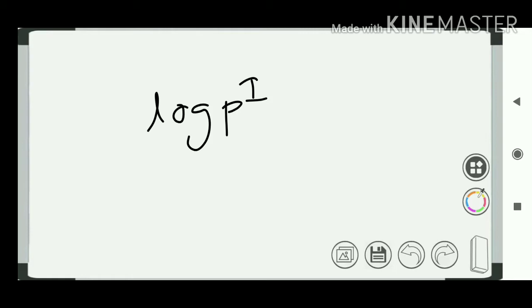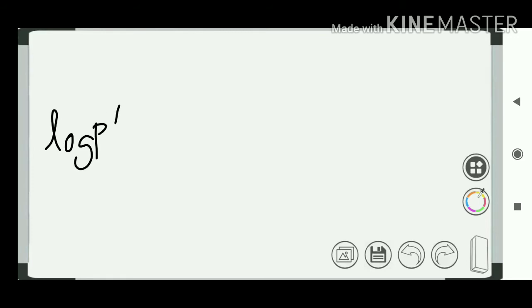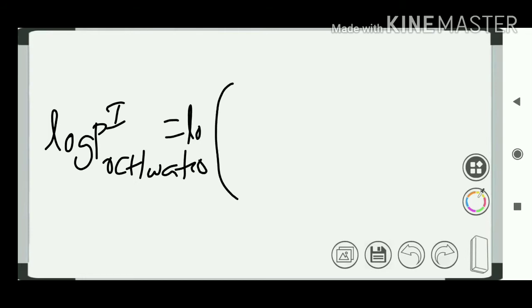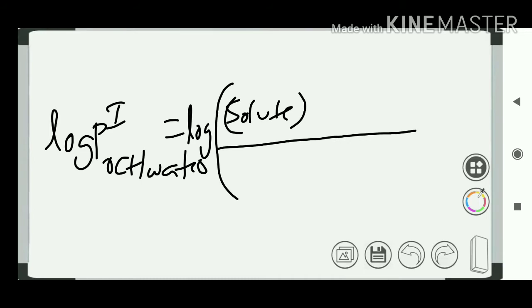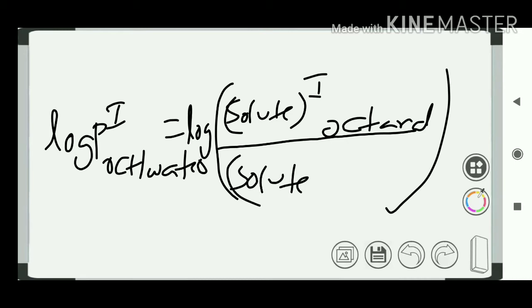So if you see the overall equation for this, we give log P I octanol by water equals log of the solute ionized in octanol over the solute ionized in water.